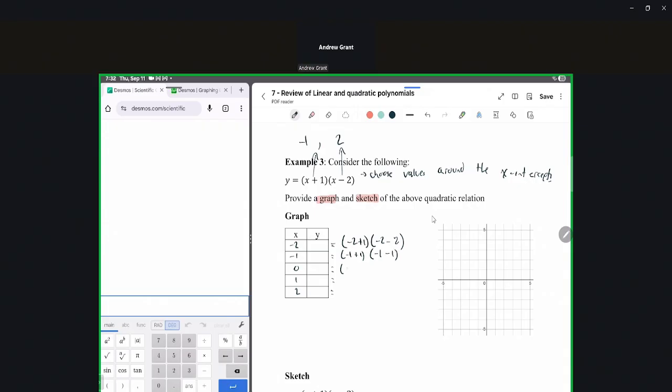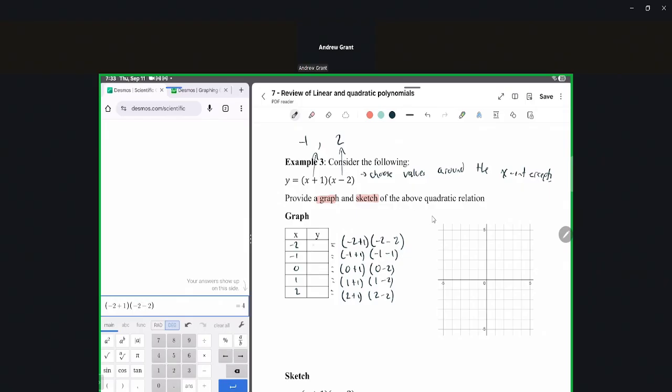The next one will be 0 plus 1 times 0 minus 2. The next one will be 1 plus 1 times 1 minus 2. And the last one here will be 2 plus 1 times 2 minus 2. So a couple of these you might have spotted look pretty easy, but again, we can use a calculator as if we're not feeling too confident with this. So if I type in -2 plus 1 multiplied by -2 minus 2.